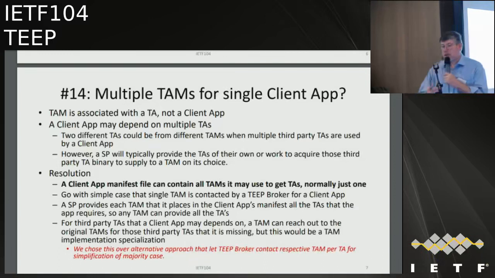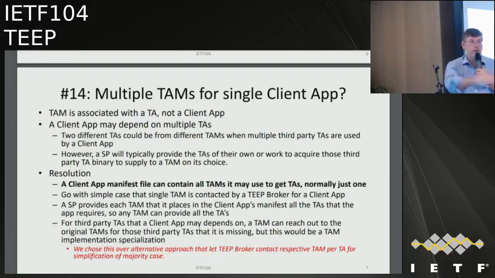Okay. So the concept is that the client app is going to hold a manifest that was generated by the service provider who created the application. And that will include all the TAMs that the service provider has pushed the app out to. So that list of TAMs is what the device looks at.